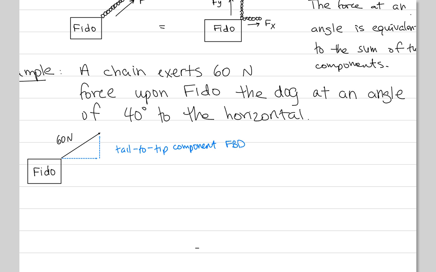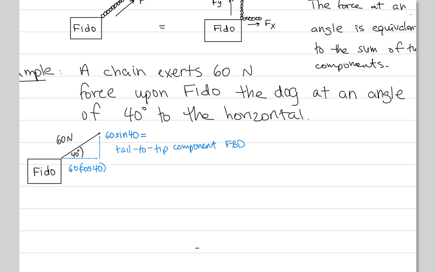So, if you always have it with the horizontal, you don't even have to do any thinking. This is just going to be 60 cos 40. Oh, sorry, I'll get the angle in that diagram. It's a 40-degree angle. So that's what's so nice about this. You don't have to do any thinking. And this one here is 60 sine 40.